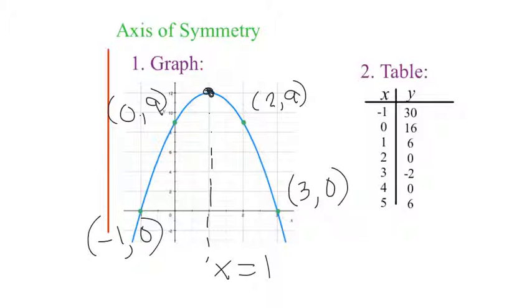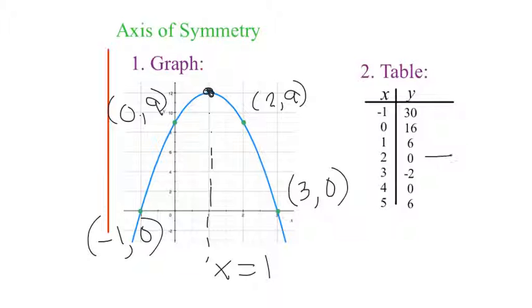Looking at a table of values, this can be a little tricky if you're not used to it, but what you're looking for is the pattern in the y values. Remember that symmetric points always have the same y values; we saw that on the graph. You're looking for points in the table which have the same y value.